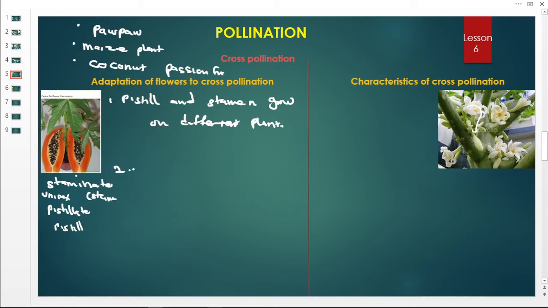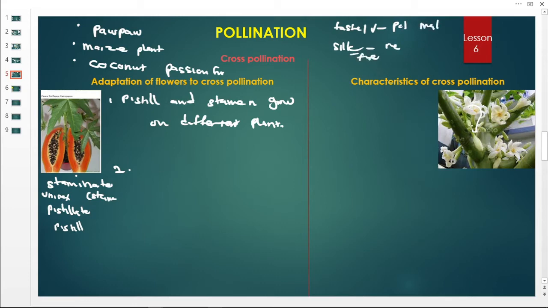Number 2, let us take an example of a maize plant. We looked at this maize plant where we started this lesson. We saw that this maize plant has the tassel, then the silk. The tassel produces the pollen grains, then the silk receives them. The silk makes the female part, the tassel makes the male part.